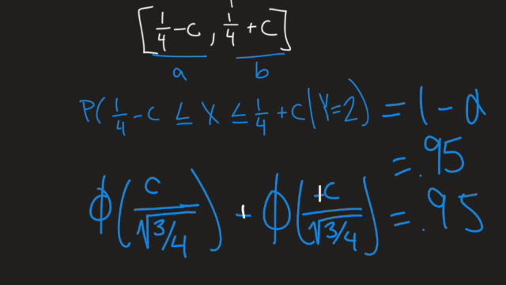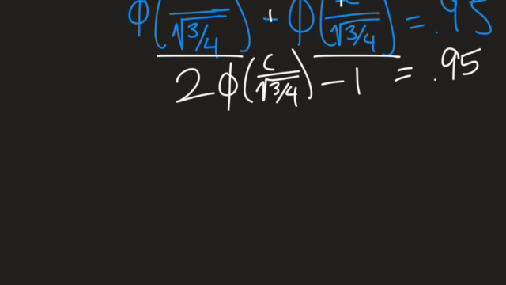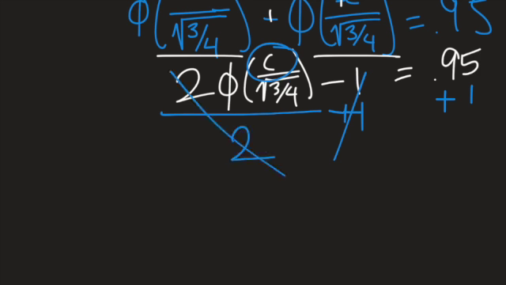I see that inside is the same exact stuff, and when I have 1 apple plus 1 apple, I get 2 apples. It still equals 0.95. At this point, all we really want to do is solve for c and get c by itself. So I'm going to add 1. Next, I have this multiplied by 2, so to get rid of it I divide by 2. In this case, that gets me 0.975.